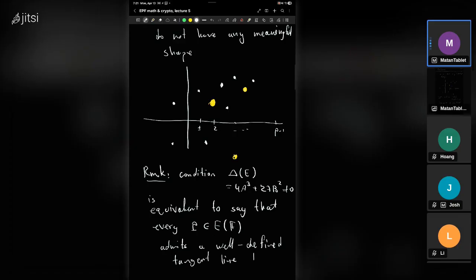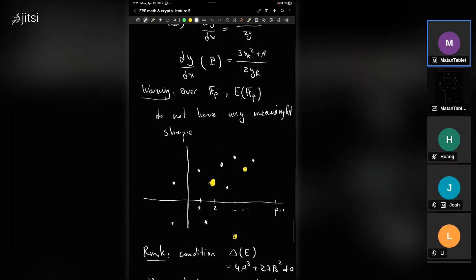That is given by this dy/dx at P. I mean, if you think of dy/dx, the way we wrote it, it's a quotient, and so sometimes it can become infinity. And then what is the slope of the tangent?